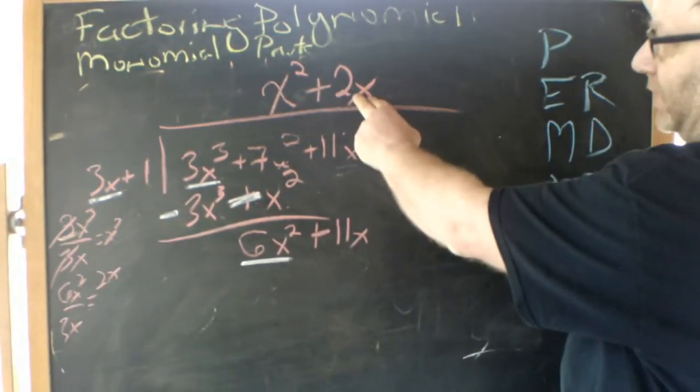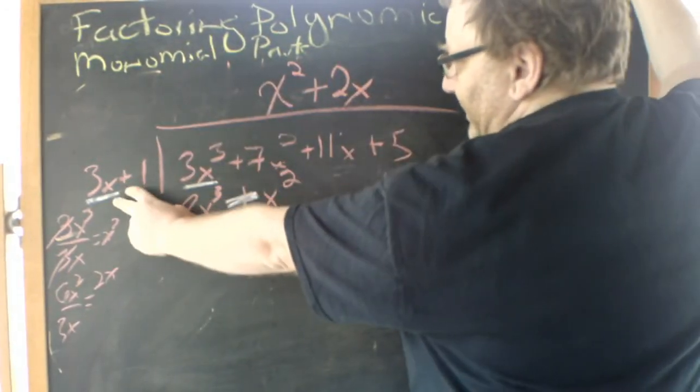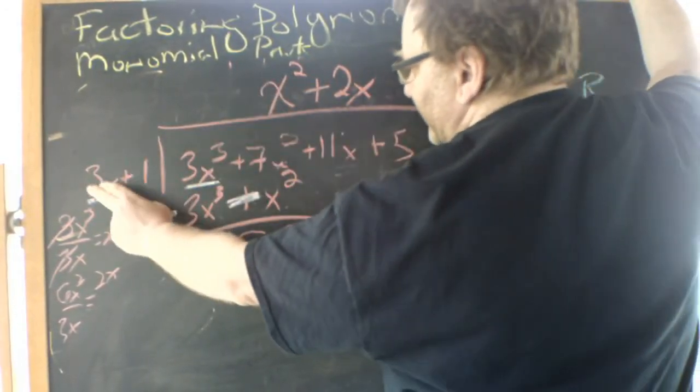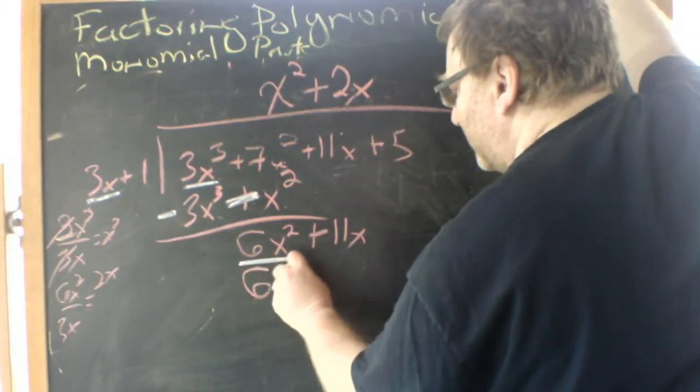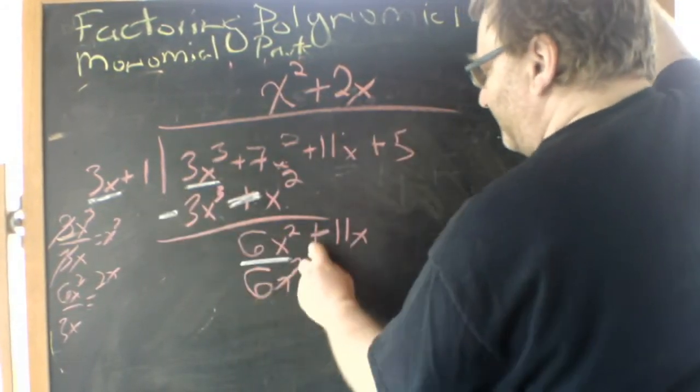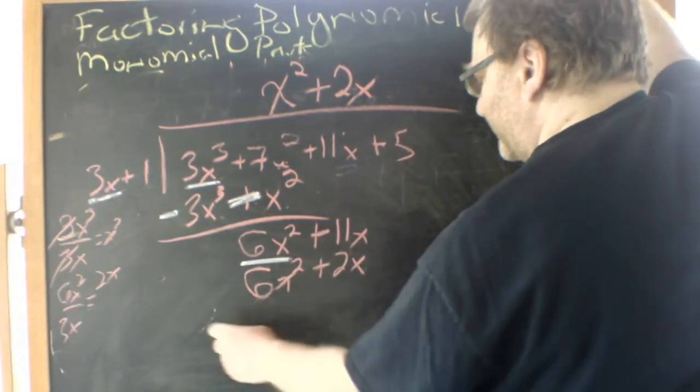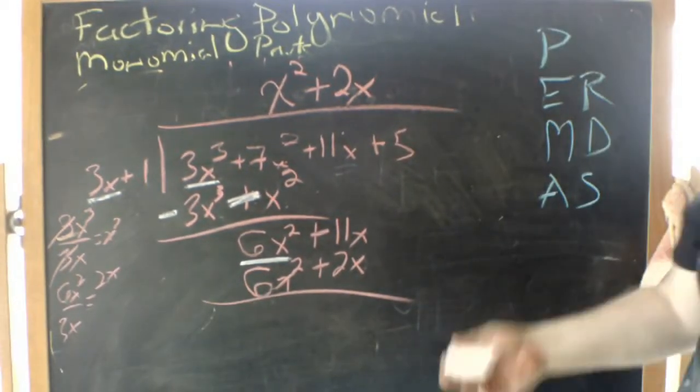So now I need to multiply this 2x back through this. So 2x times 3x is 6x squared. 2x times 1 is positive 2x. I subtract.